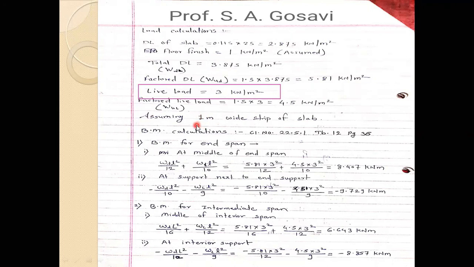We are assuming the width to be 1 meter. So if you multiply these two values by 1 meter, we will get the UDL: the dead load UDL is 5.81 kilonewton per meter, and the live load UDL, that is WUL, is 4.5 kilonewton per meter.